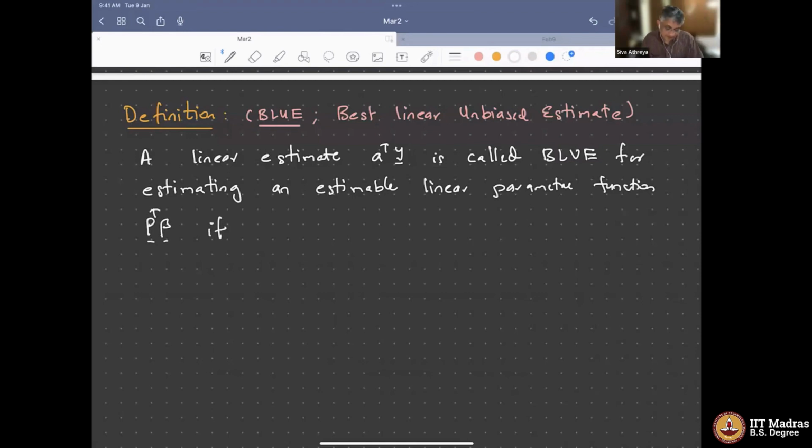So BLUE means what? First thing you notice, it's an unbiased estimate. So if two things happen. One, the mean of the estimator matches the true value, so the expected value of A transpose Y, where A is also a vector, is P transpose beta.